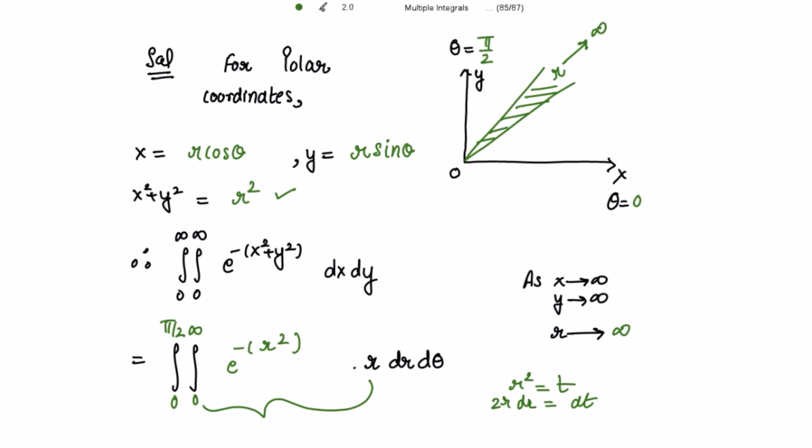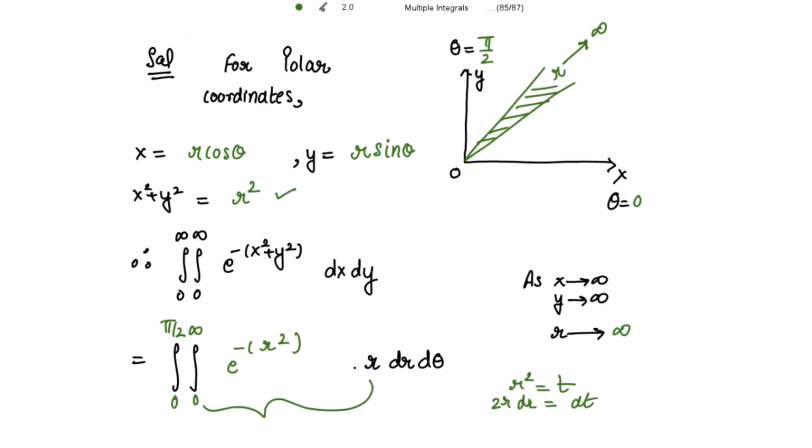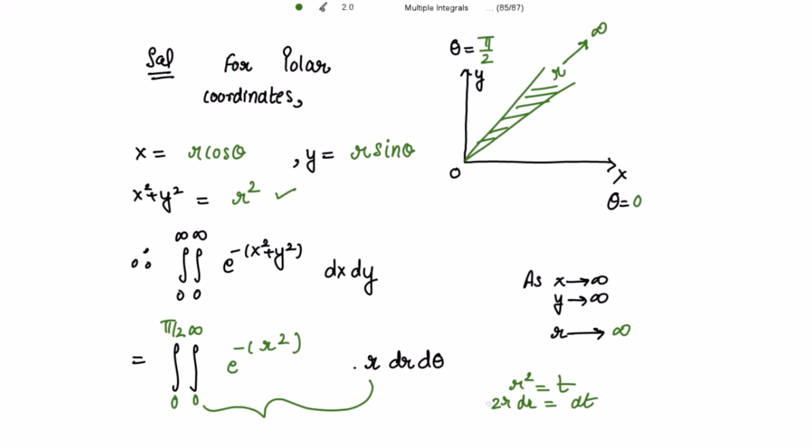So the limits are the same for t, and the theta integral is from 0 to pi by 2, and this one is from 0 to infinity. I need 2r dr in the numerator, so I'm multiplying and dividing by 2 to get 2r dr as dt.